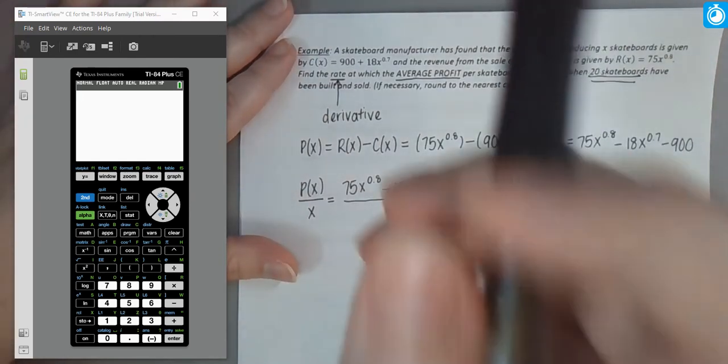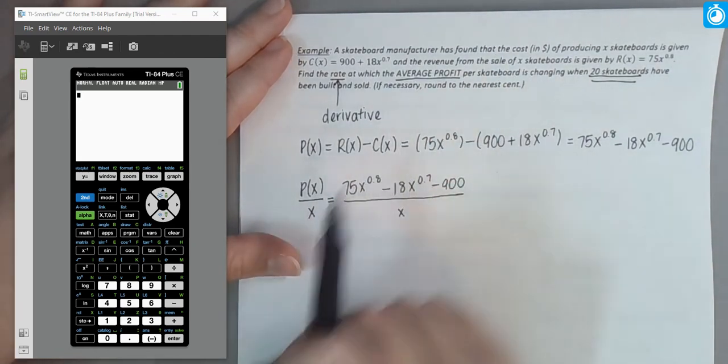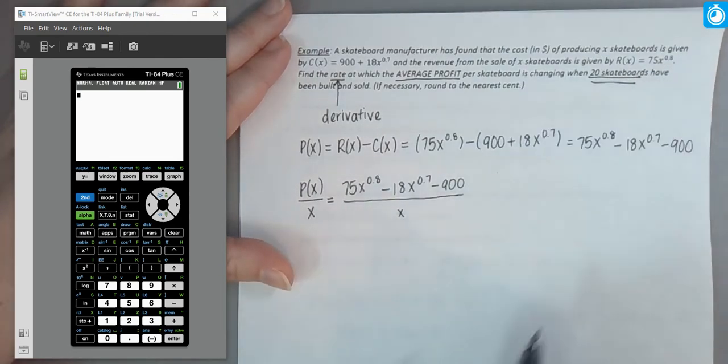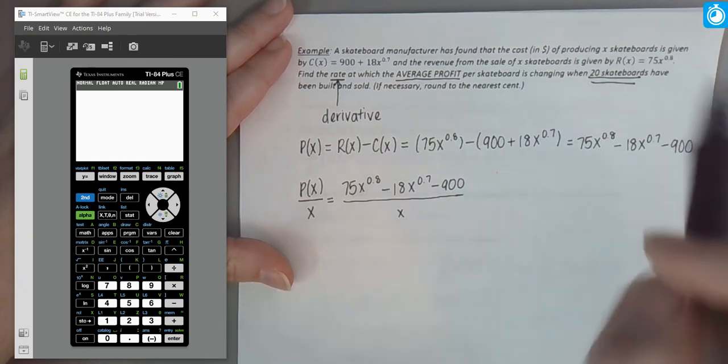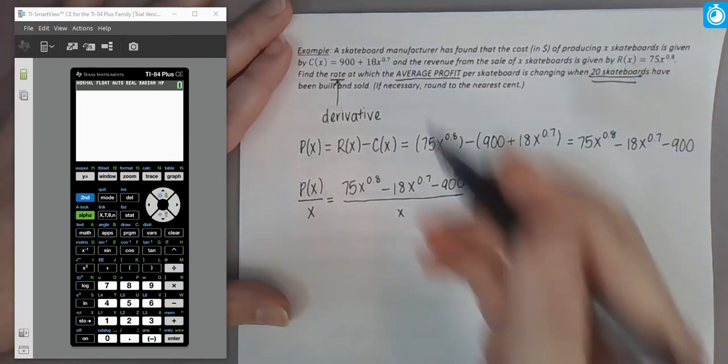Now, what we're ultimately interested in is the rate of change, the rate at which this amount, this expression, is changing at the moment when 20 skateboards have been built and sold. So as soon as we see rate of change at a single point, at a single value of x, that means we're taking our derivative.